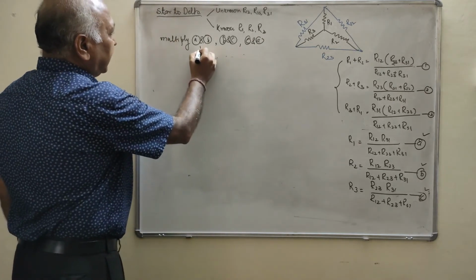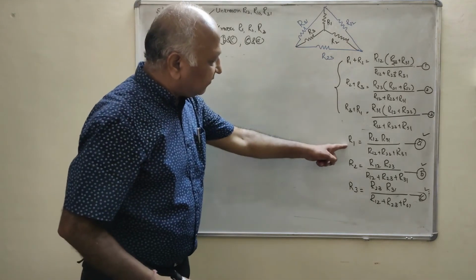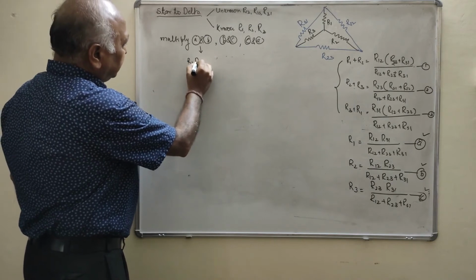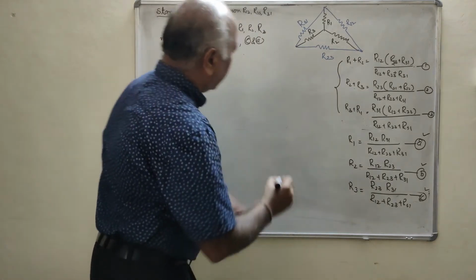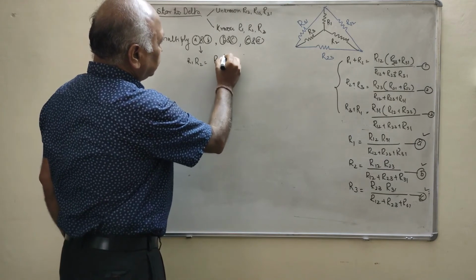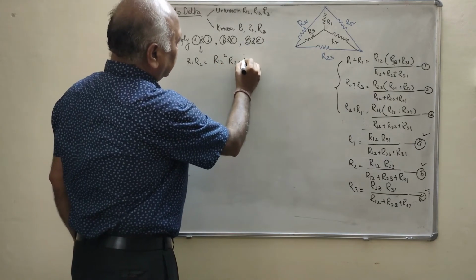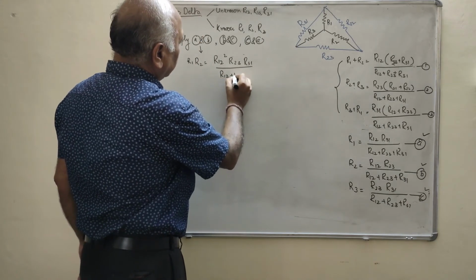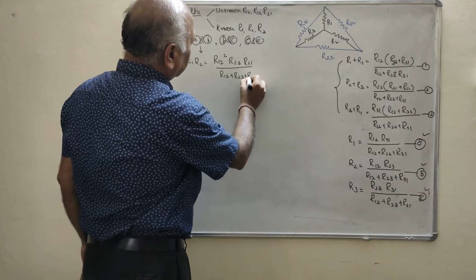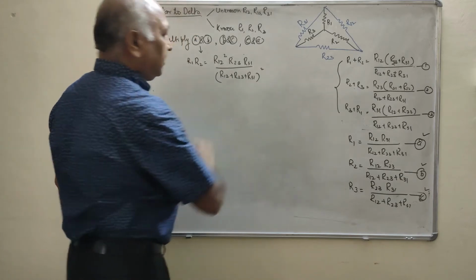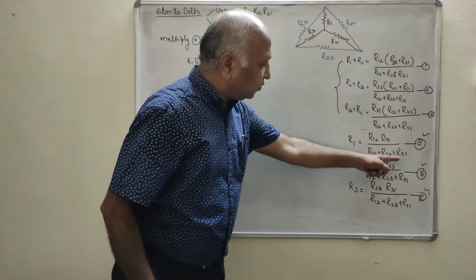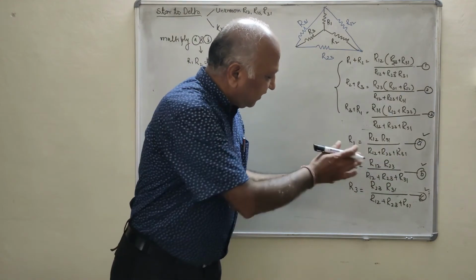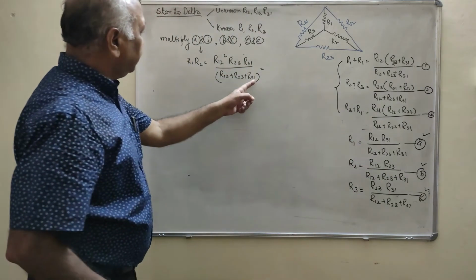When you are multiplying A and B, then see R1 into R2. Then you are getting R1 into R2 equal to R12 square into R23 R31 upon R12 plus R23 plus R31 whole square. Clear? Here also R12 plus R23 plus R31, so when you multiply, it will be the square.